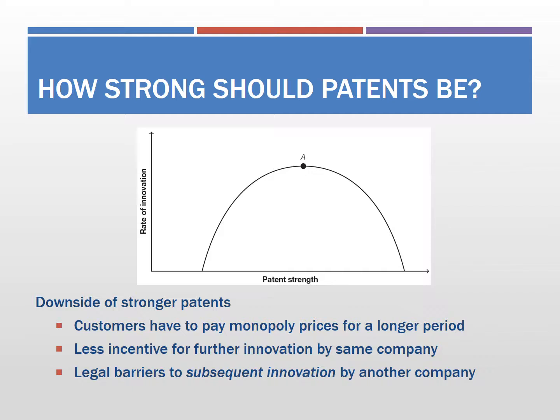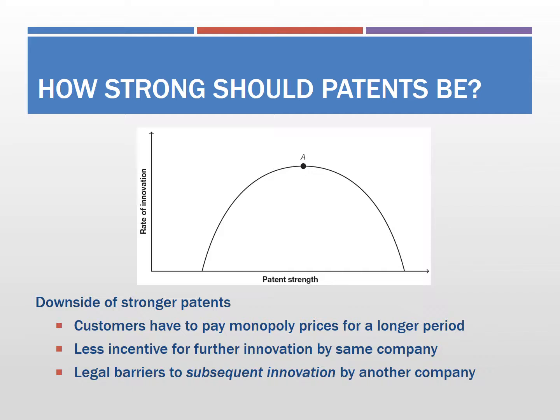Now the question is, of course, that giving the company the right to sell its own drugs in the market becomes an incentive for the company to be innovative. However, we should also ask how long, or how strong, the patent should be for the company that has these new drugs on hand.